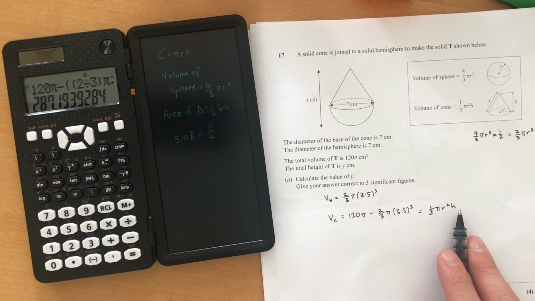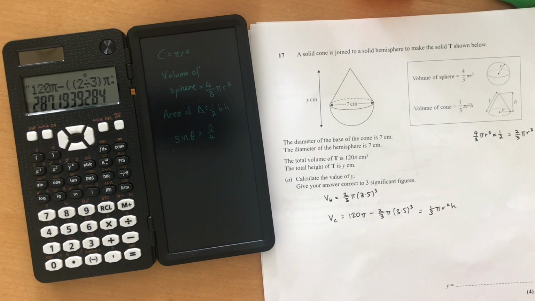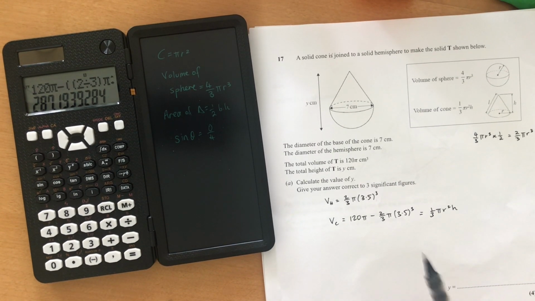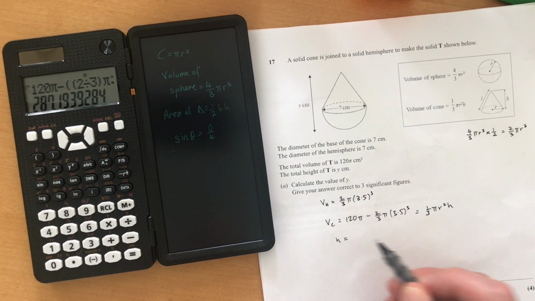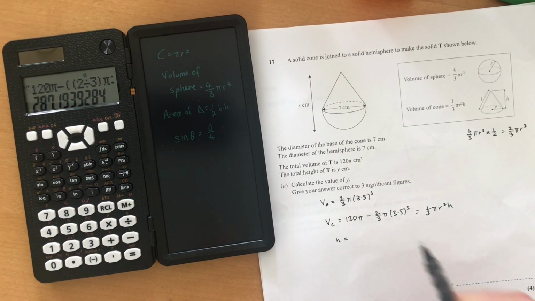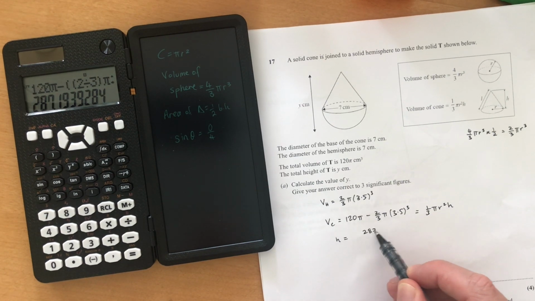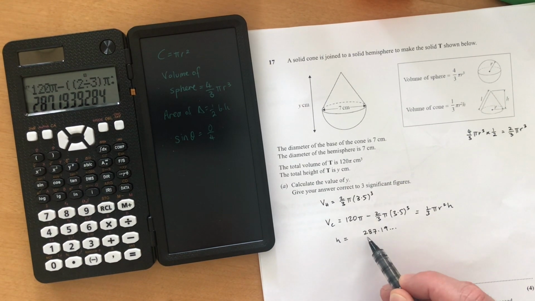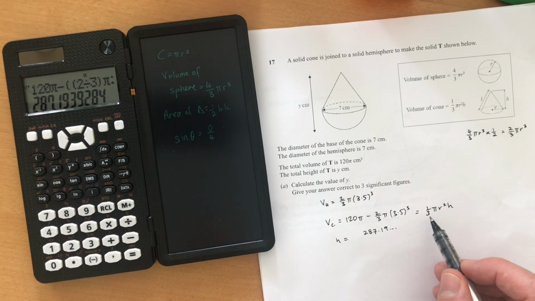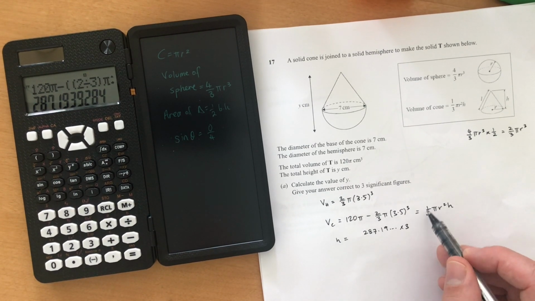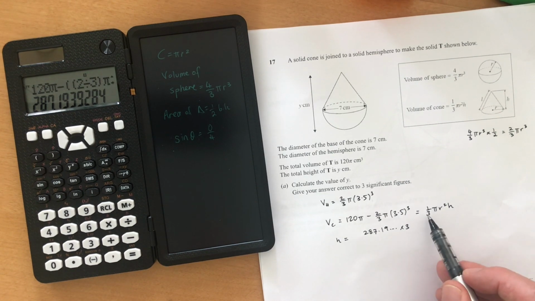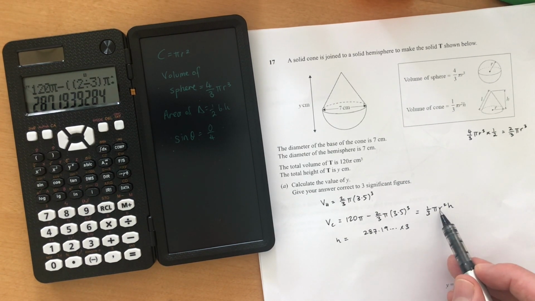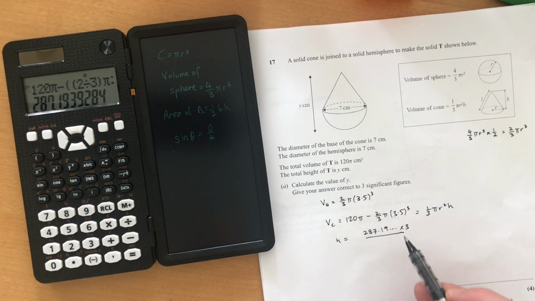And remember, we want h. So we want to do some algebraic arranging here to get h. So h is going to equal this number we just got, 287.19, multiplied by 3, because the third is on this side. So if we want to get h by itself, we need to multiply by 3 and divide by pi r squared, right?